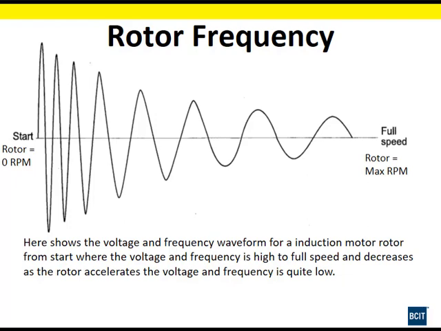As the rotor accelerates, the voltage decreases. Also, if you look at the period of the waveform, it's getting longer and longer, so our frequency is decreasing at the same time. Eventually we get a smaller and smaller frequency and a lower and lower voltage until the rotor gets up to full speed, or its maximum RPM.